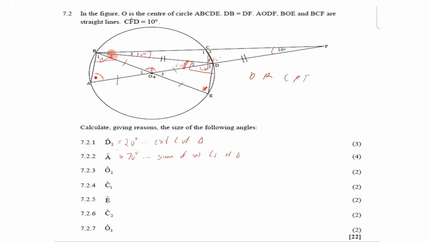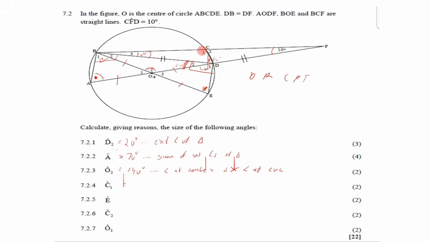So we have the angle at the center subtended by BD, and another angle at the circumference subtended by BD. The angle at the center is twice the angle at the circumference, so O2 must be equal to 140 degrees. The reason is angle at center is equal to 2 times angle at circumference, right?